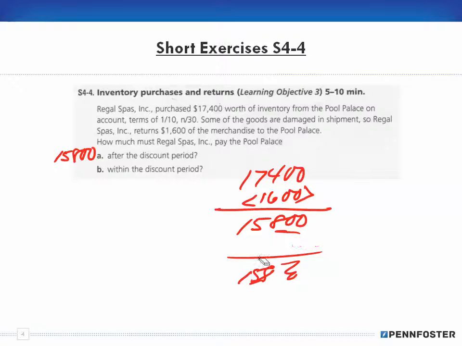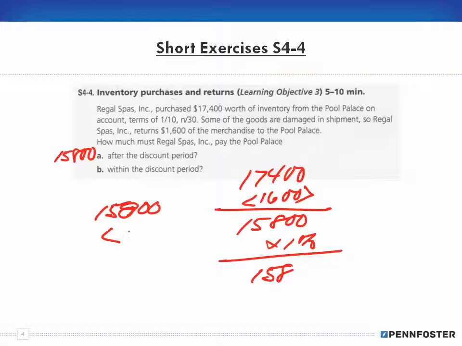Let me clean that up here. I can either take the 15,800 and multiply that by 1%, which would give me $158, and then I could take the 15,800 and subtract the $158 to get the final amount of, let's see, 15,642.